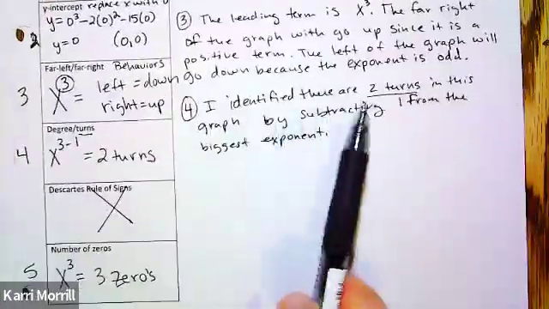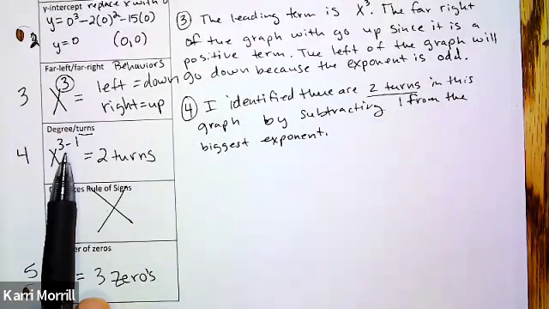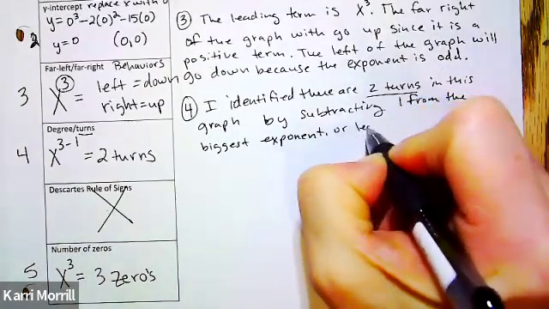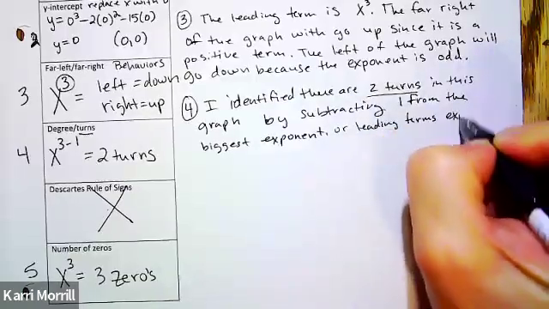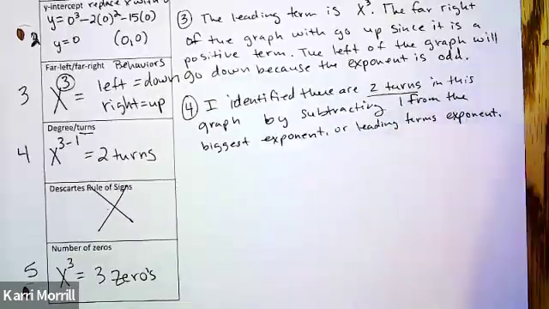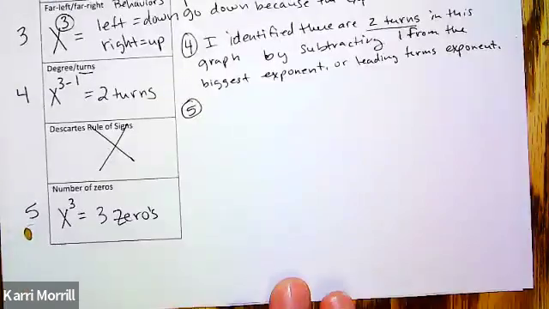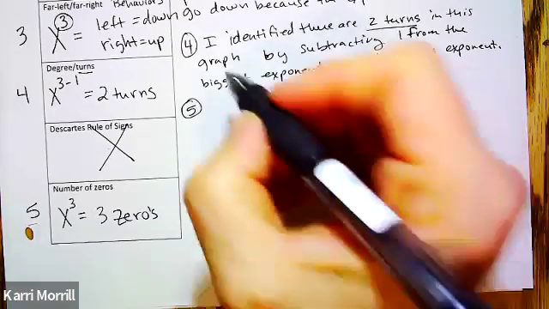And then number 4, I identified there are two turns in this graph because I subtracted one from the biggest exponent, or like I said, it's probably more official to say the leading term's exponent. Whichever one is really going to work fine with me. But if you're using terms like exponent and leading term or subtracting, those are mathematical words. It doesn't have to be super difficult. Number 5, zeros. How did I know that there would be 3 zeros in this function?